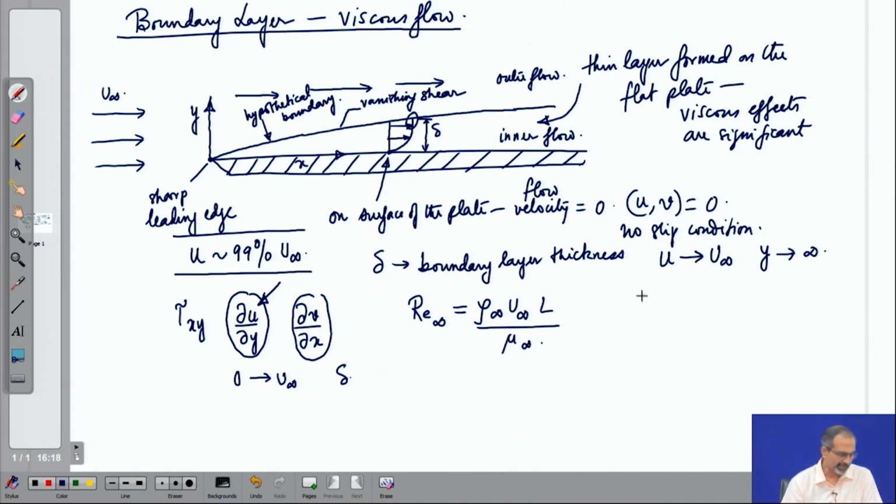And we state that first of all, the boundary layer thickness is much smaller than the characteristic length scale, which could be the length of the plate, and on the other side, that the Reynolds number is very, very large. So, when we look at 1 by Reynolds number, that is a small quantity. Remember that this is a quantity which is associated with the viscous stresses in the Navier-Stokes equations.